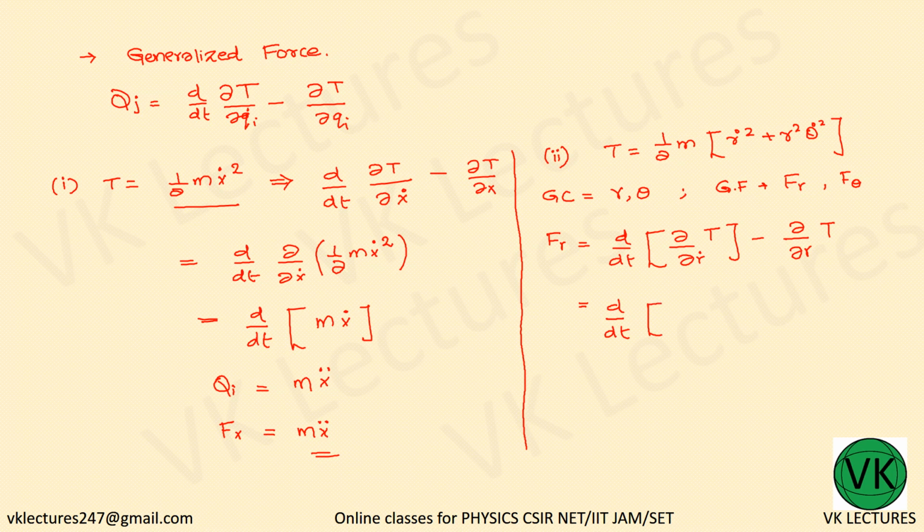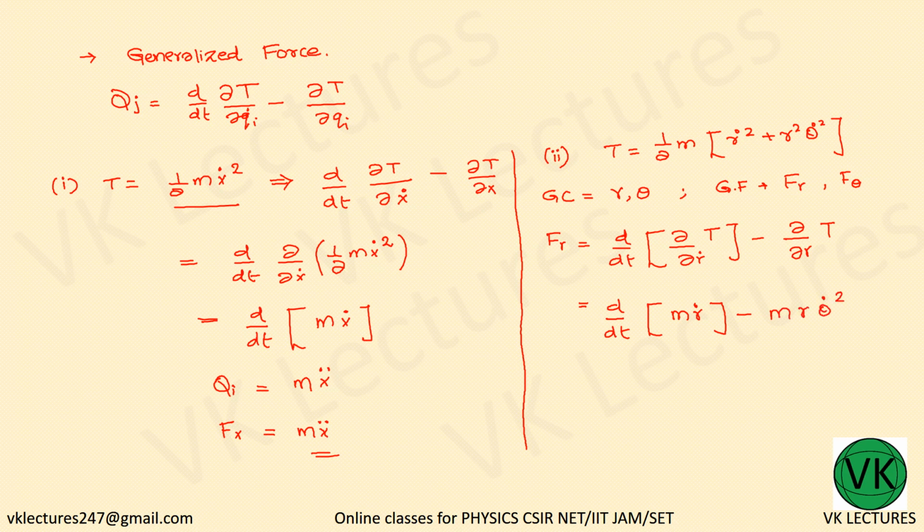So the 2 and half cancel, giving m r dot, minus dou by dou r of T, so it's 2r and m, the 2 gets cancelled, so m r theta dot square.